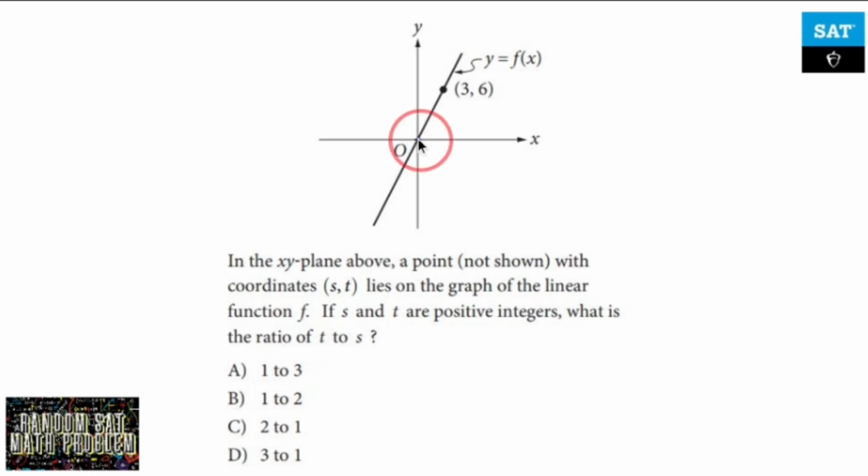Well, this is going through (0, 0), which means t is twice s. So my ratio of 1 t to 2 s's is going to be 1 to 2. That's going to be my ratio. Kind of an interesting problem. Not sure I liked it, but there it is.